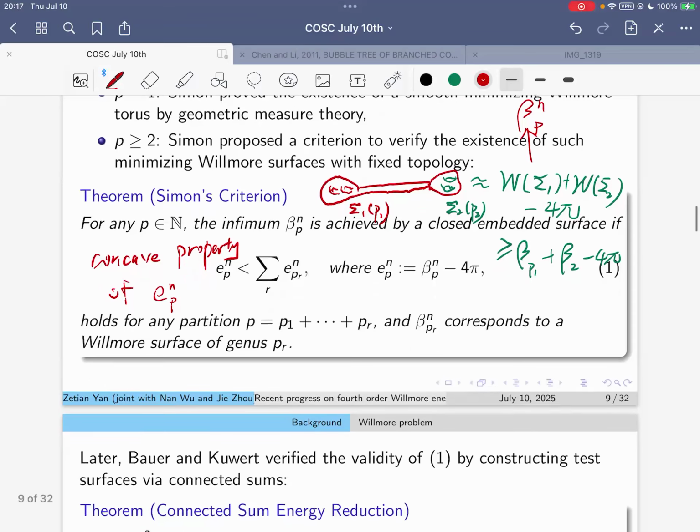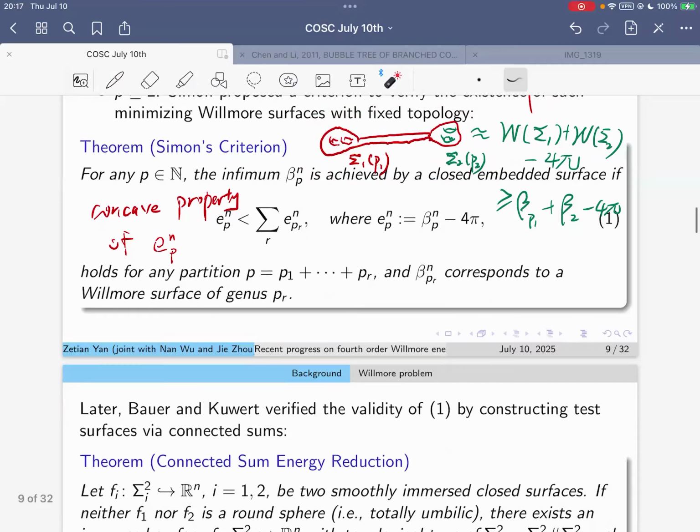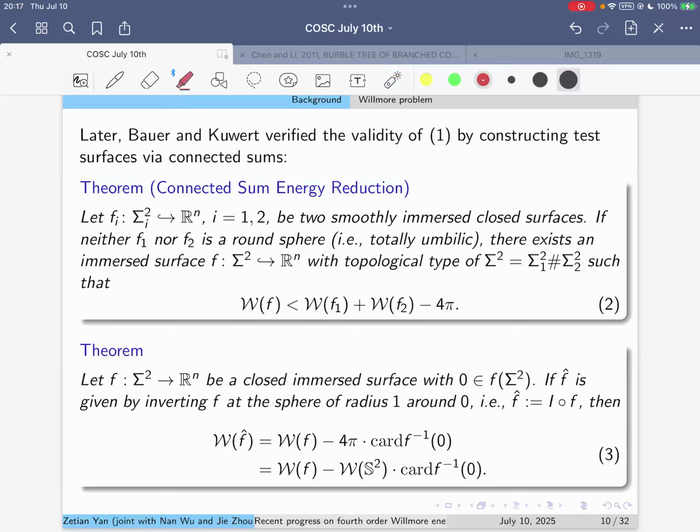And if you would like to quantize this estimate, you will need Bauer and Kuwert's estimate. They construct test surfaces and use a biharmonic function to do the interpolation in the middle neck region, and you will obtain this estimate.